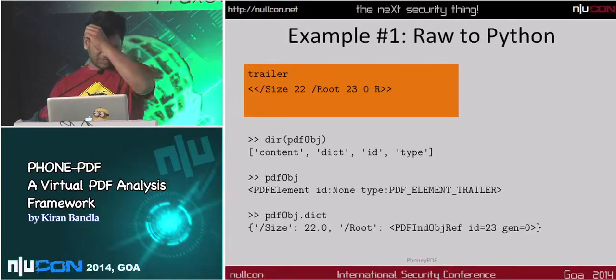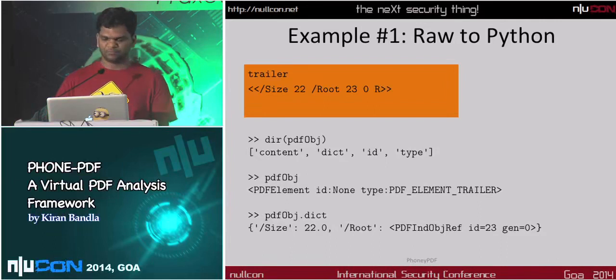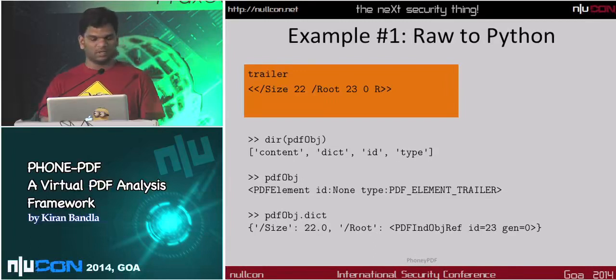This is just an example of the state machine. This is a verbose log from a phony PDF. You see here that it's trying to parse an object, which is basically a dictionary, and it has all these different character-based tokens, and it's going through each of those tokens, consuming them, keeping a state, and doing the whole parsing. Eventually, after doing all this, it creates a Python equivalent of the same object. What you see here in the example, the stuff in the colored box, is the raw object that's extracted from a PDF.